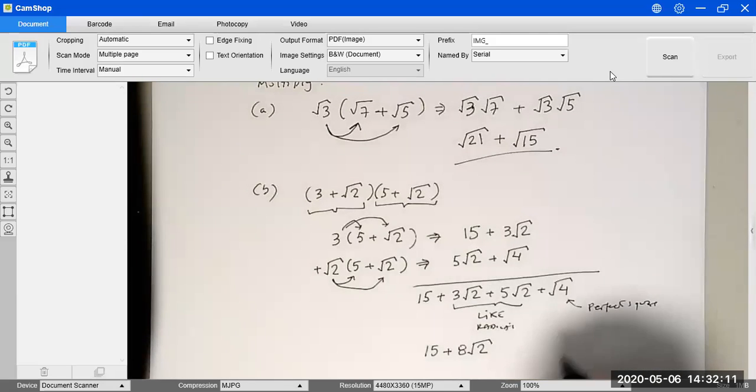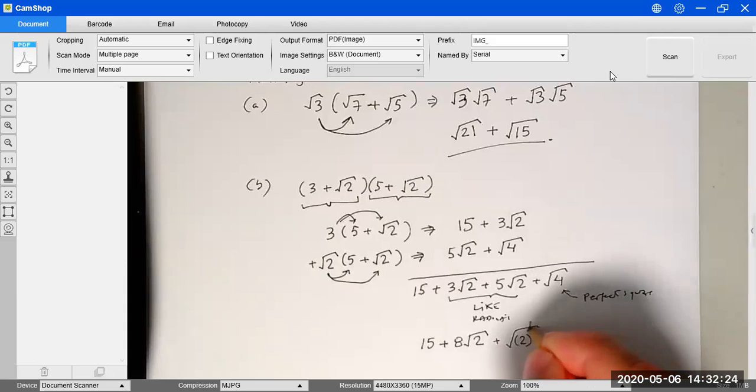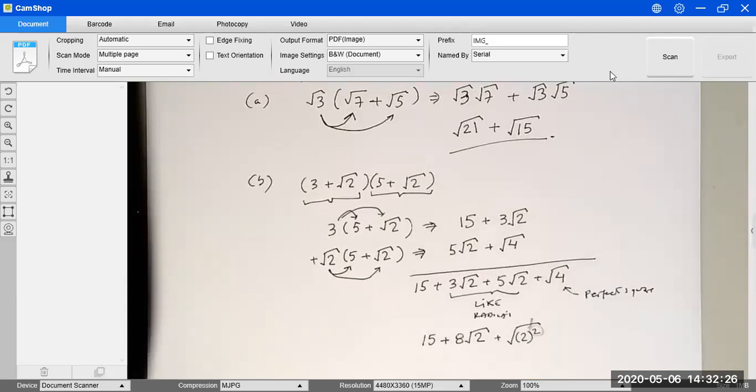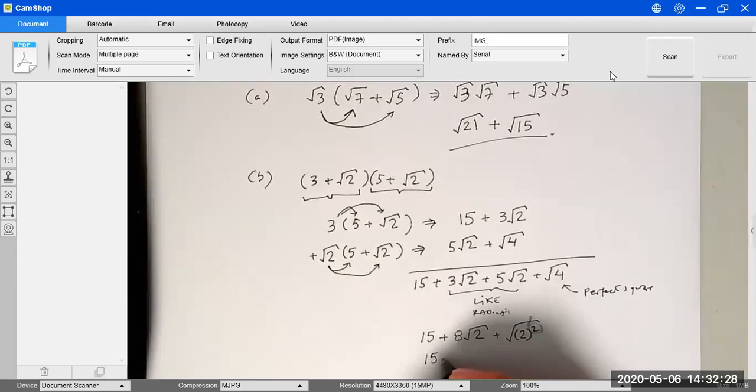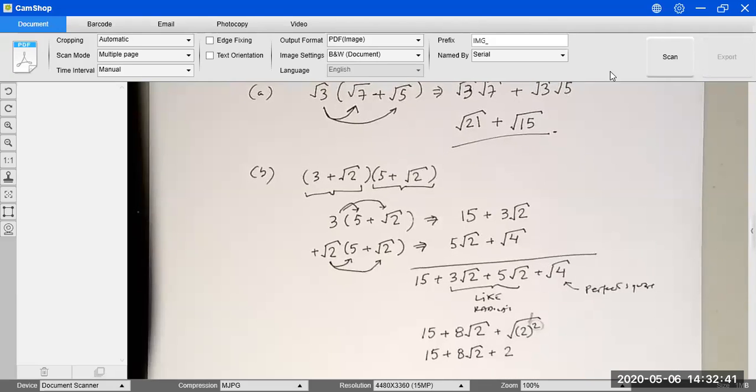And in the last case, I have to rewrite 4 as a perfect square, which is 2 squared. And in that way, I'm going to be able to cancel the radical and the exponent. So I'm going to get 15 plus 8 times radical 2 plus, in this case, I only get 2 because the radical went away at the same time that the exponent was 2.